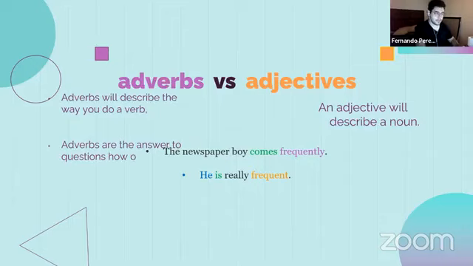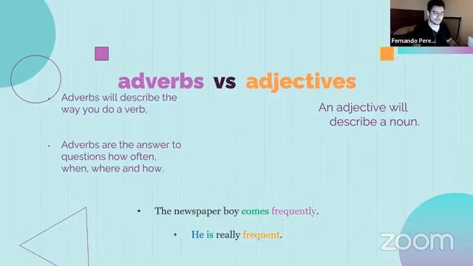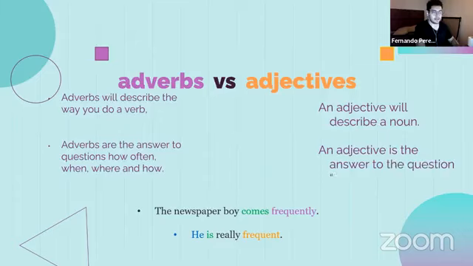How often? When? Where? And how? On the other hand, an adjective is the answer to the question, how? Plus an adjective.